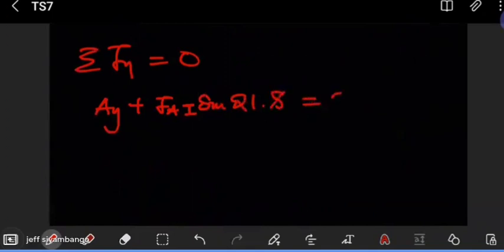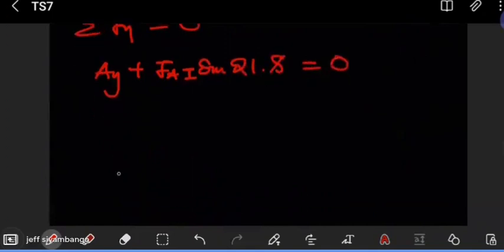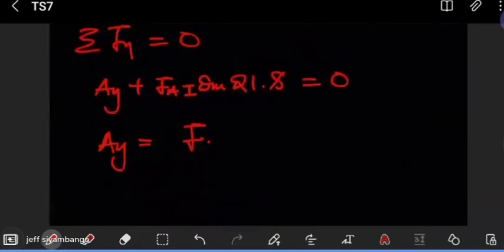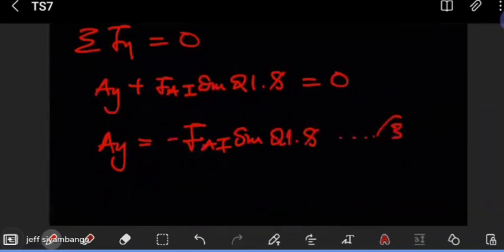They are the only two, so equals to 0. So when we make AY subject, this will be negative. This becomes the third equation.